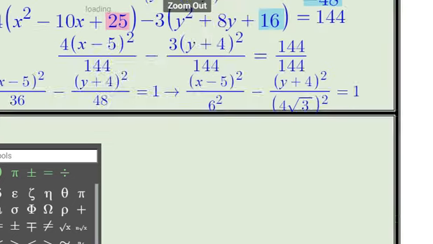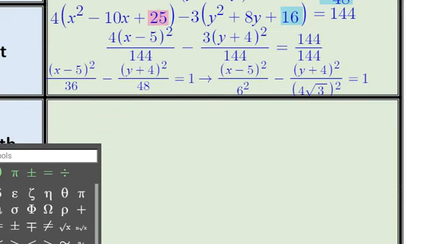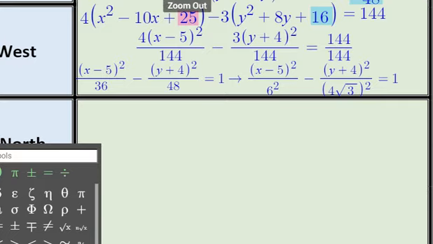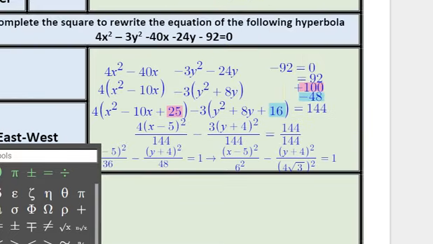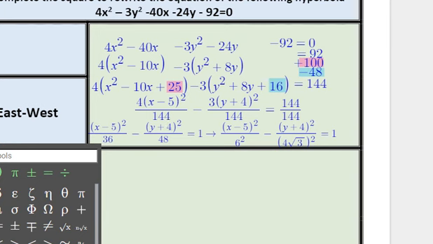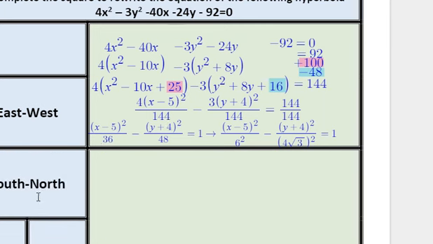So now I can minimize a little and actually fill out the rest of our information. So first thing, is it east-west? Is it south-north? This is actually east-west because x comes first.